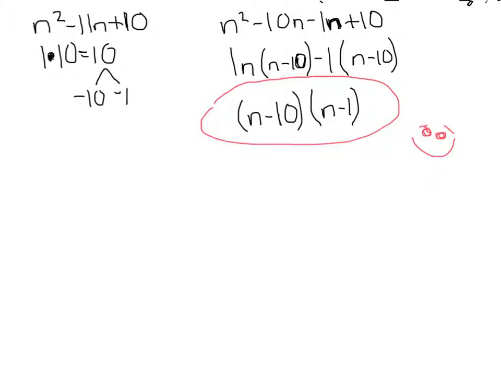And so 10 and 1 are the 2 factors of 10. And you make those negatives so they equal negative 11. So that works.